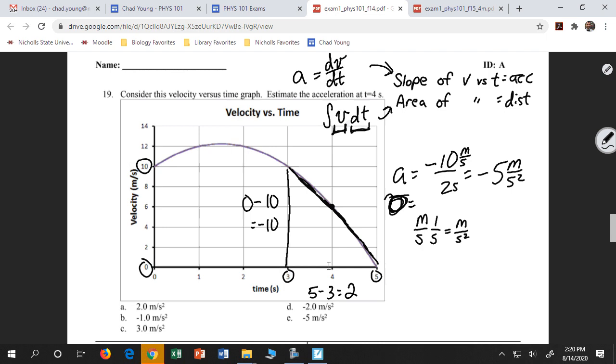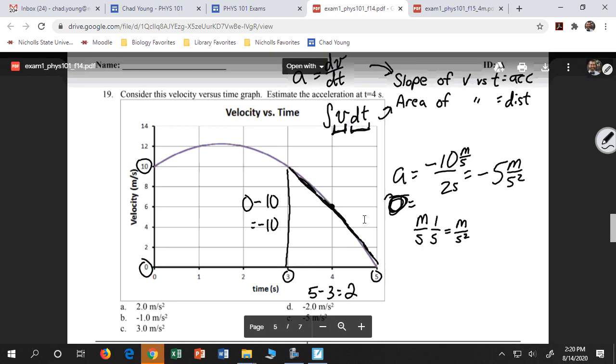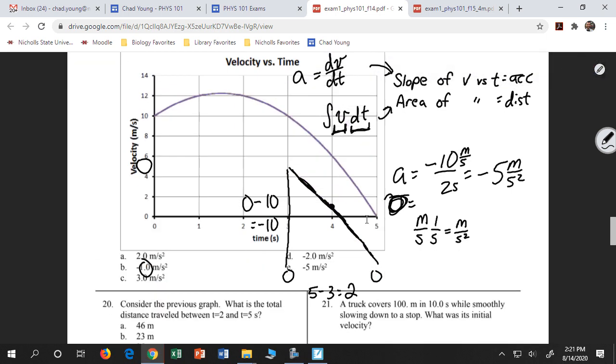When I'm doing that, I'm taking the product of those two, v and t, and I get the area underneath that curve. So calculus is really just all about calculating the slope and the area. And that's the most important part of that in terms of kinematics.